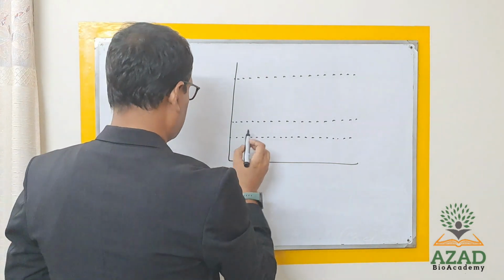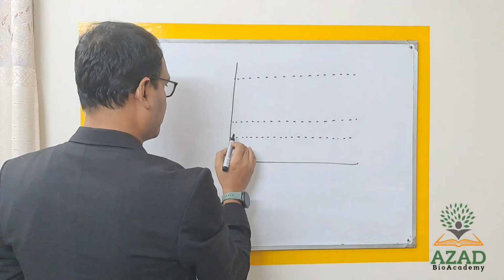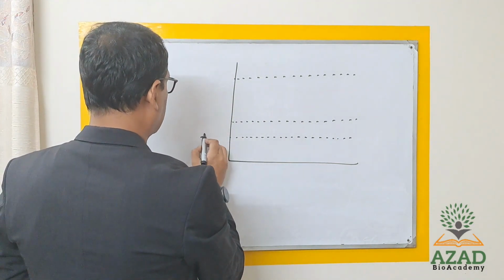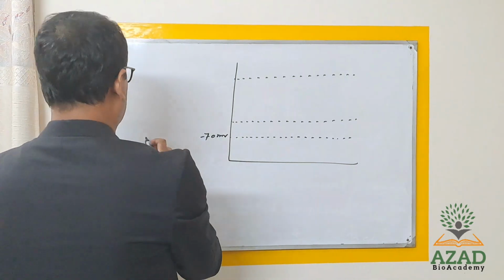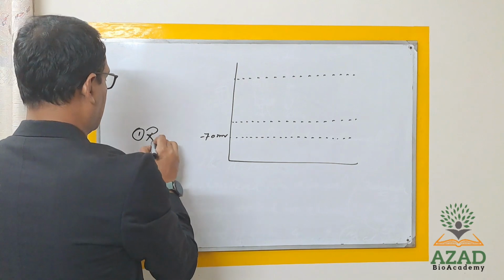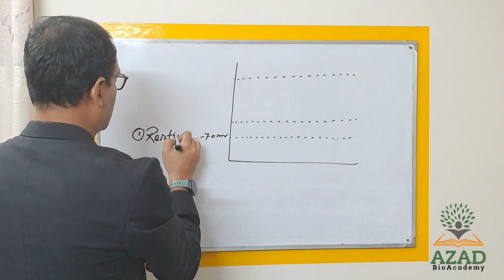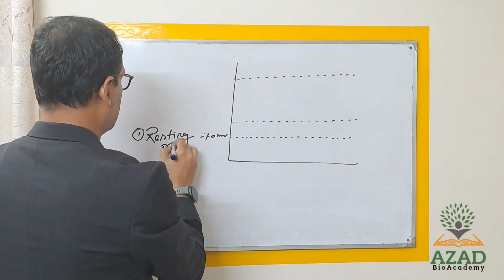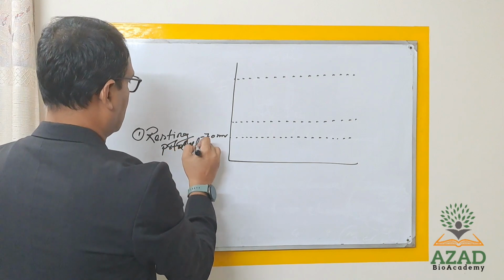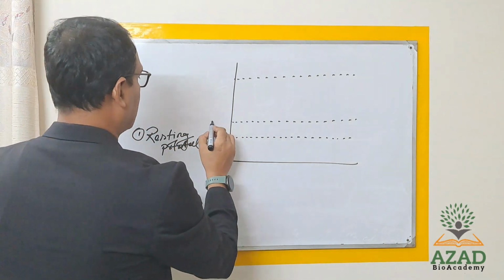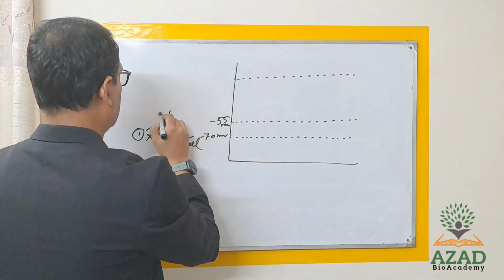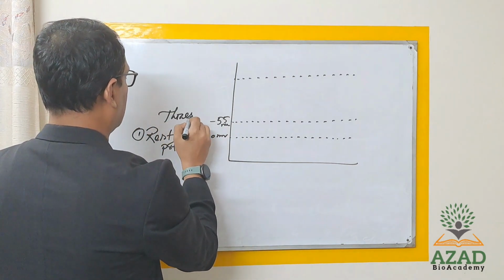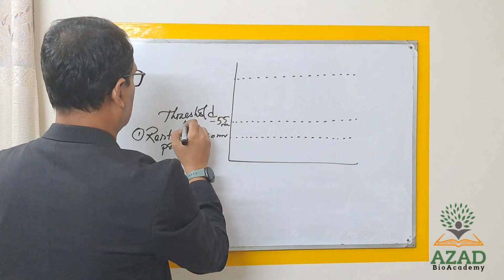If I mention here minus 70 millivolt, this is the resting potential, and minus 55 millivolt, you can say this is the threshold level, threshold potential.